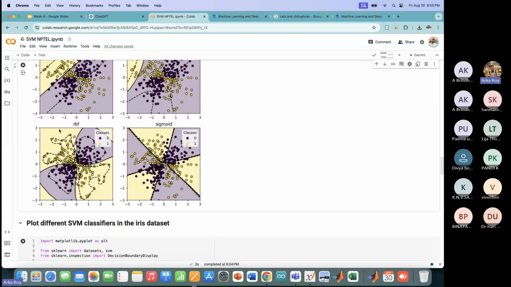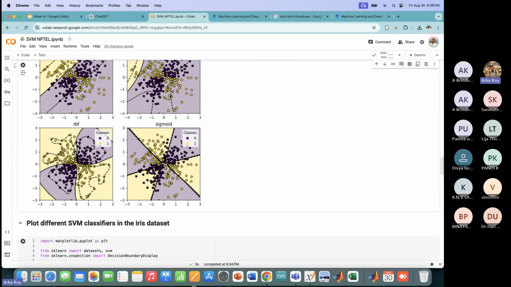In the third case, you can see that using a radial basis function, you are creating some specific clusters or specific decision surfaces, which does the best classification among all. Even with sigmoid, you can see several misclassifications, but the radial basis function is the optimal one.